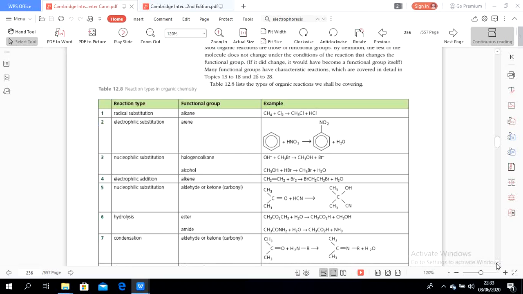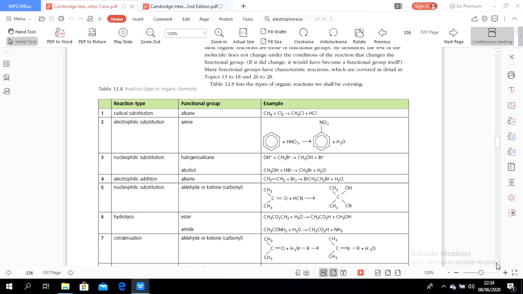The reaction types are radical substitution, also called free radical substitution, which occurs with alkanes. And then there is electrophilic substitution that occurs with arenes. We call it electrophilic substitution, not only substitution.